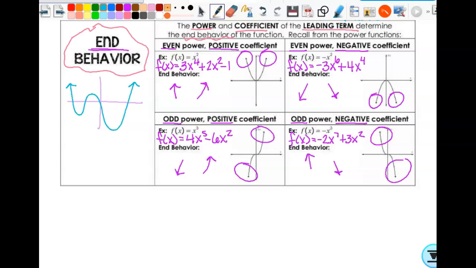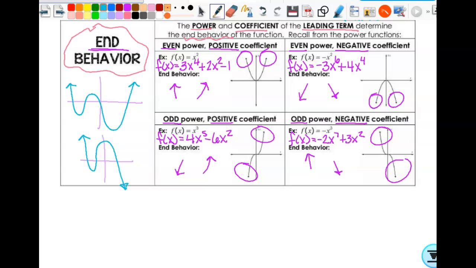Positive. Is the degree even or odd? Even. Is it an even function? No, because it doesn't have that symmetry, but we have an even power, right? Okay. What if we had this? Even or odd? Odd. Positive or negative? Negative. Okay, makes sense? Those two things are very important for getting to the next steps of what we're doing.